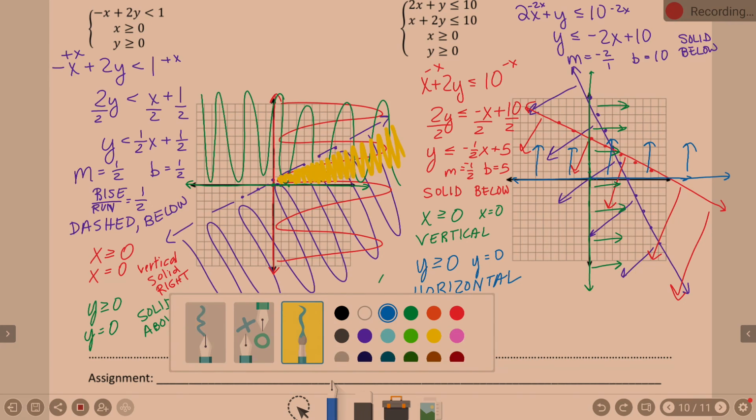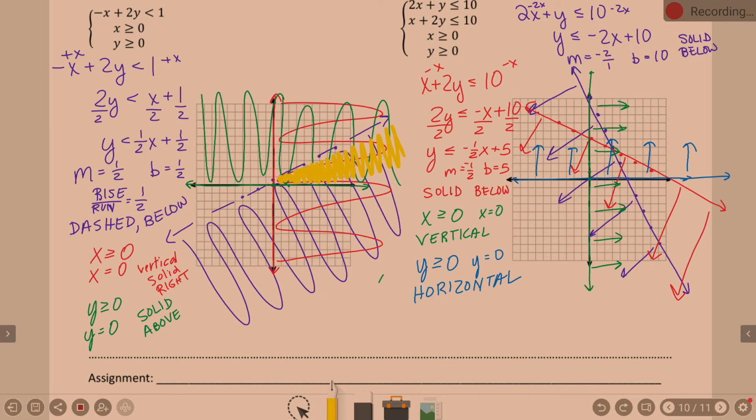Okay. x greater than or equal to 0? Well, that's what we did last time. x greater than or equal to 0 is vertical. So that's those pieces right there. Solid and shaded to the right.